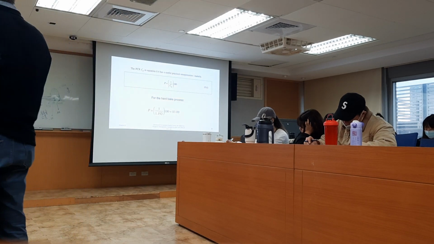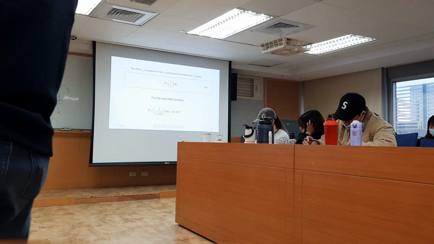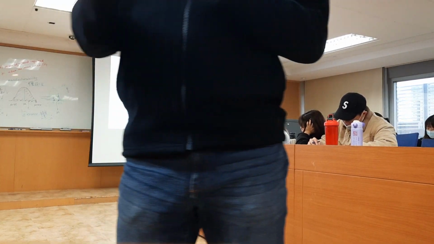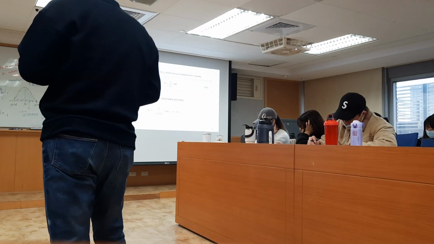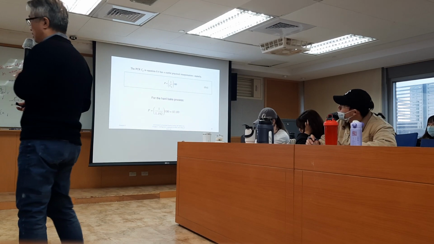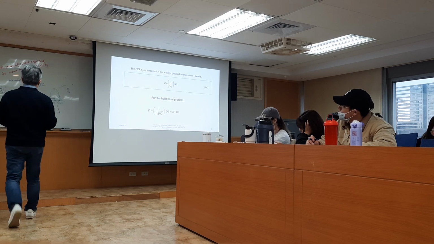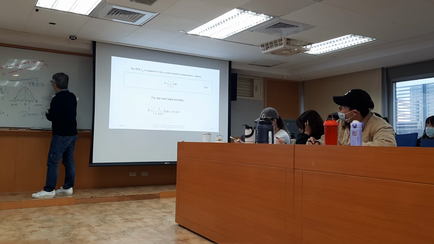PCR, CP in equation 8.4, has a useful practical interpretation, namely the P. We take the reciprocal. So for the hard bake process, it is 83.89%.